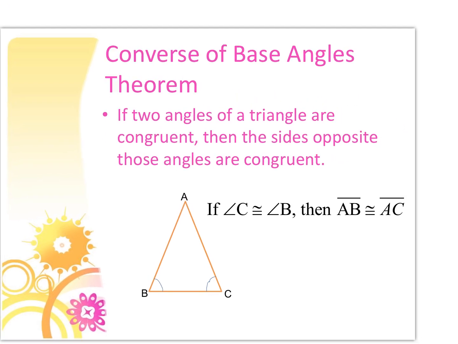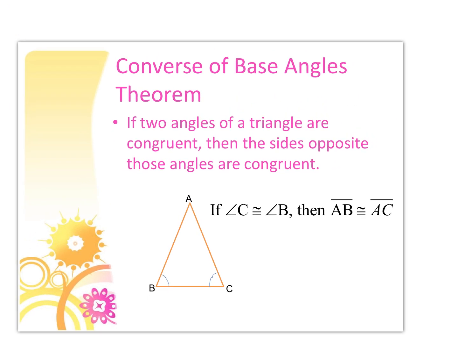Now, the converse of this is the other way around. What if I were to give you a triangle and tell you that these 2 base angles down here are equal? Now you can do it backwards, and we can say if 2 angles of a triangle are congruent, then the sides opposite those 2 angles must also be congruent.